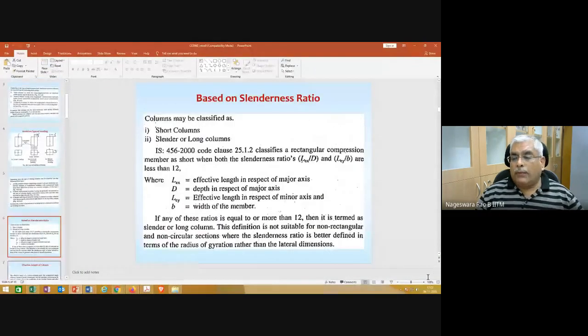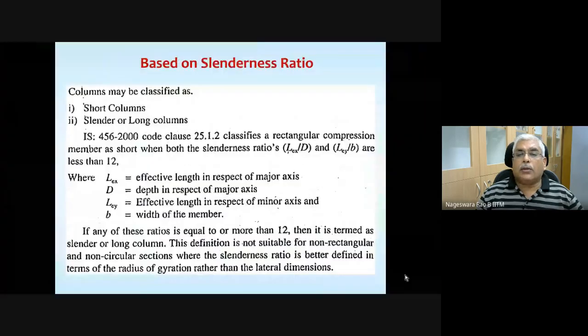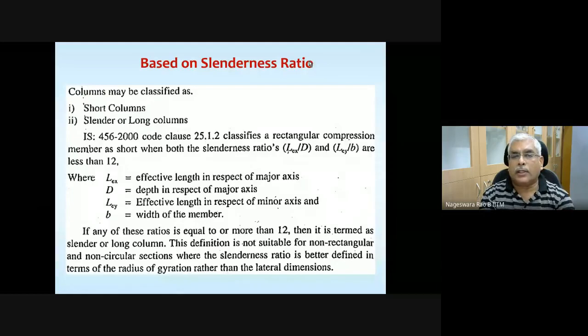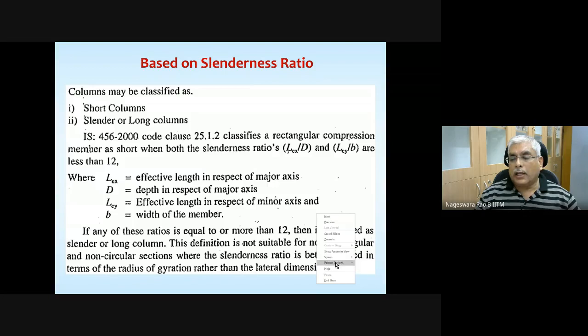Now for completeness, once again, let's go through this. Columns can be classified based on slenderness ratio, as short columns or slender or long columns. Just now we noted this referring to IS 456 as well.